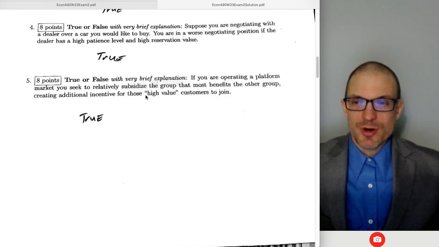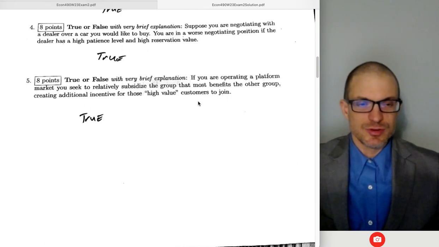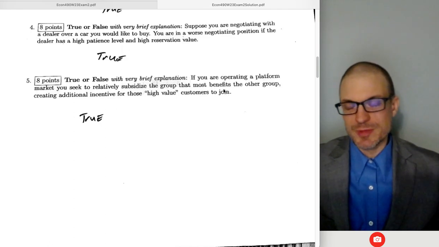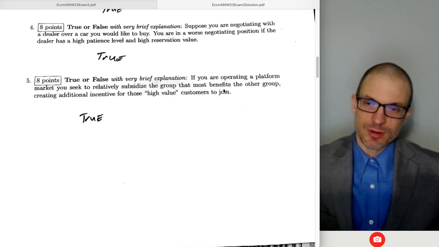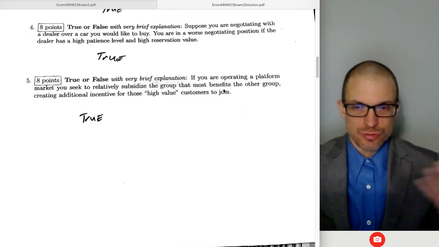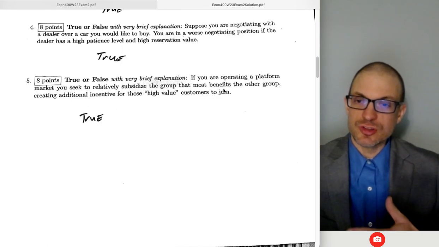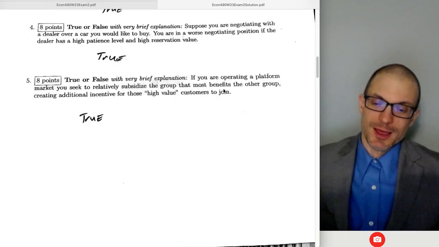All right, so if you're operating a platform market, you seek to relatively subsidize the group that most benefits the other group, creating additional incentive for those high-value customers to join. So if you have a platform, like a social media company, where you've got a collection of users, you'd relatively subsidize their use of the platform. Maybe you'd offer it free, probably at least initially, to generate a really large network.